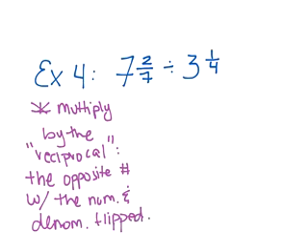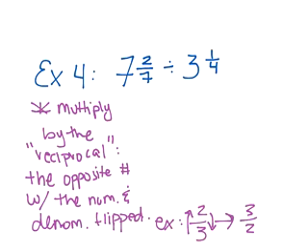So for example of that, 2/3, the reciprocal is 3/2. So these just flip places. Okay, so that's the only step that we're going to change here. In this case, we're going to first go ahead and change these into improper by multiplying and adding.